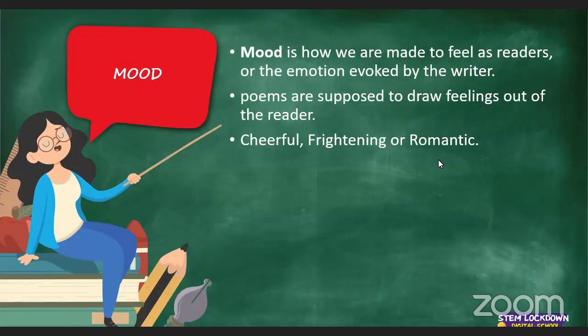It doesn't matter the feeling that you're feeling, but poems are meant to draw feelings out of the reader, okay? So they are not meant to draw feelings that are felt by your teacher, feelings that are felt by your friend, but feelings that are felt by you as the reader as you are reading the poem, okay?